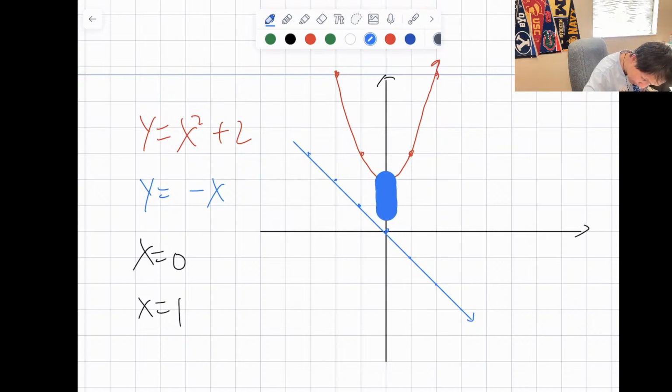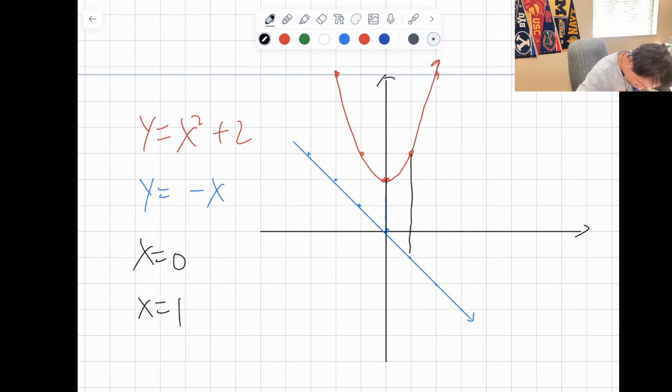And x equal to 1 is going to be right here. So we're basically looking for this region right here.